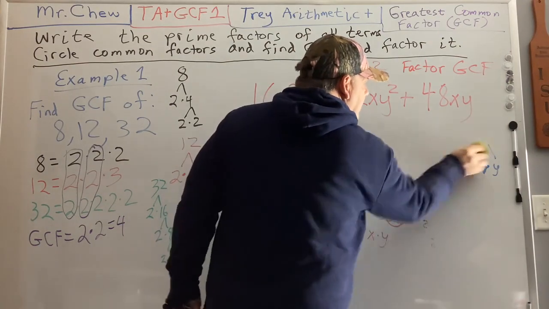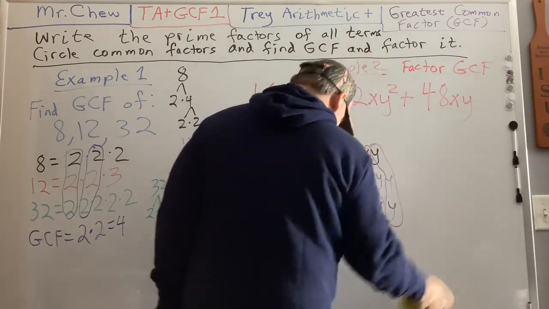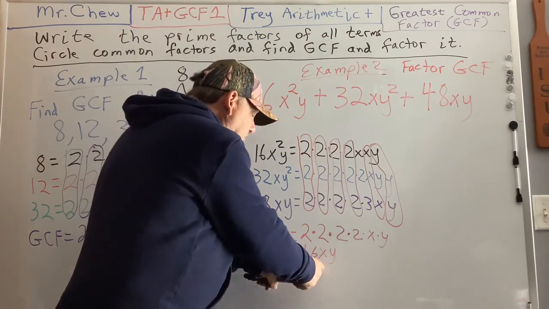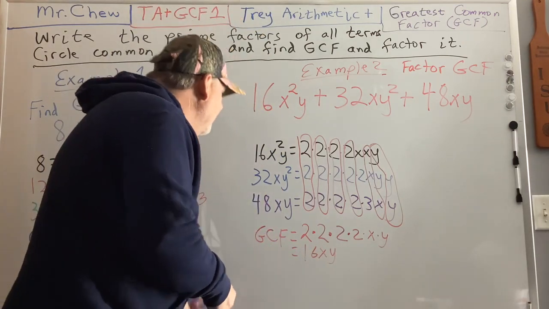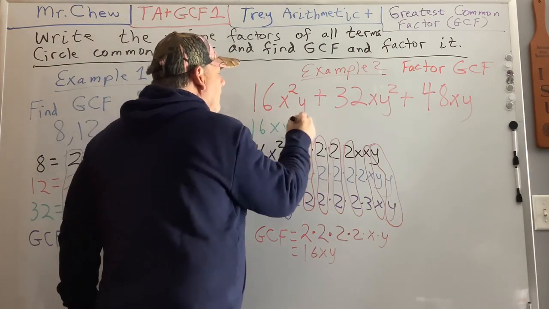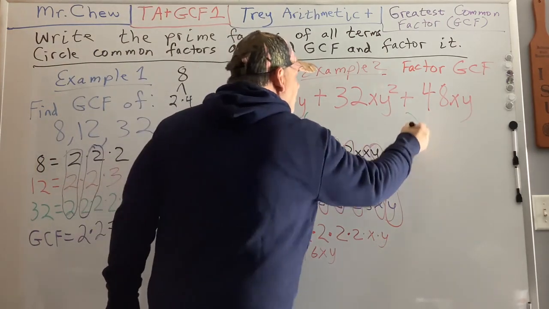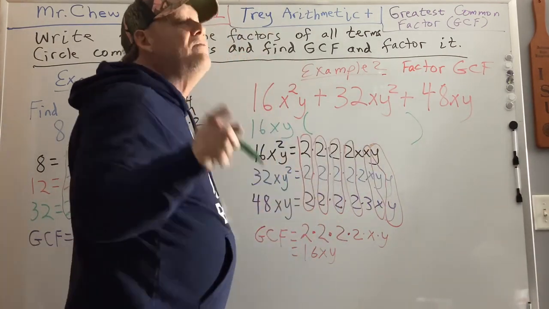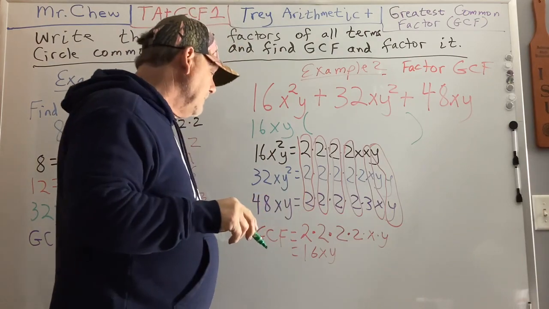I'll just get rid of these. So now to factor this, I write my GCF, and then I'm going to write in parentheses. And we're going to multiply that and reverse the distributive property.